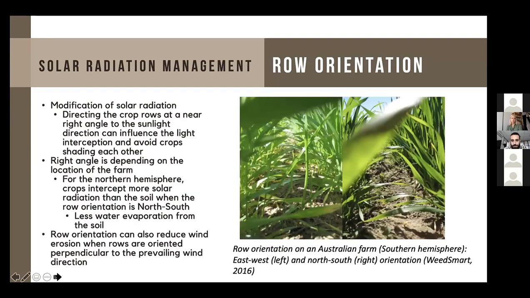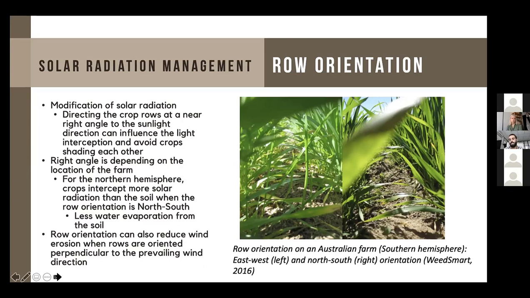So, orientation. This is modifying or planning out the orientation of the rows, either north-south or west-east or any combination of those. So modification of solar radiation. In the northern hemisphere, for example, if you do a north-south orientation, then you have a lot more solar radiation actually reaching your crops because they're not shading each other.